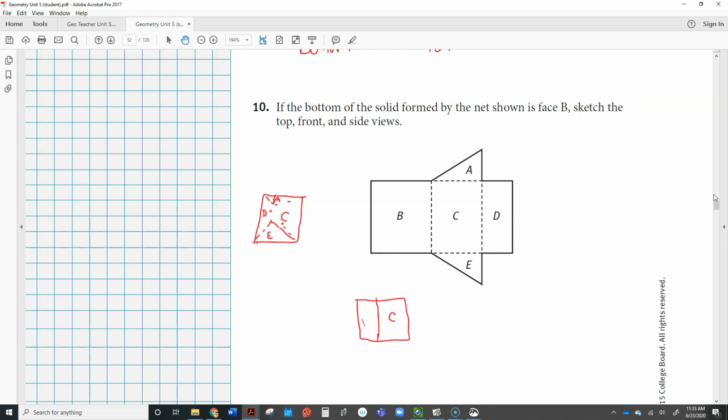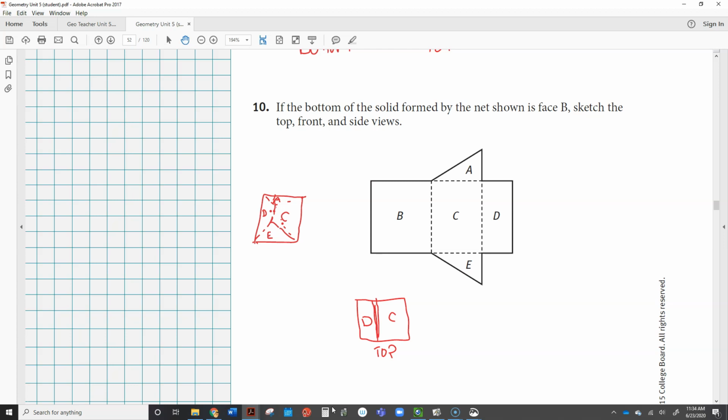C will be on this side, and then I'll see a little bit of D on that side. So that's what I think I'm going to see. Because here is my triangle, and it's not an isosceles triangle. So maybe this will be a little bit more here. So this is my top view.